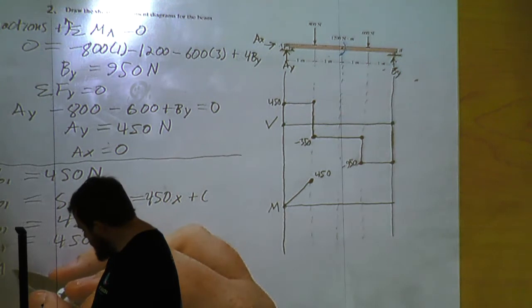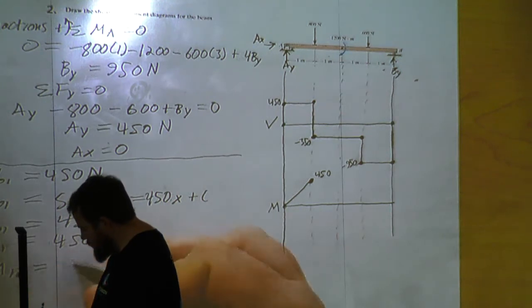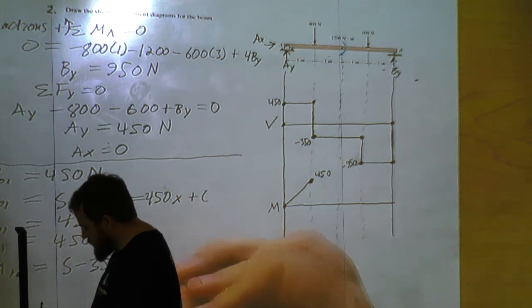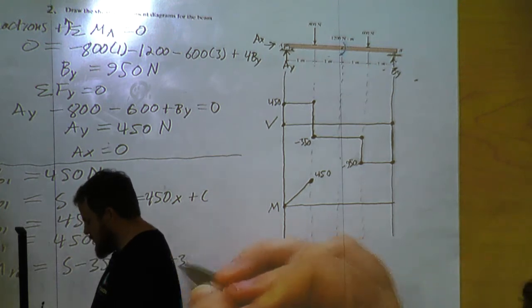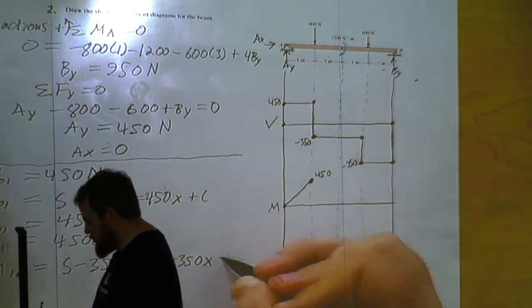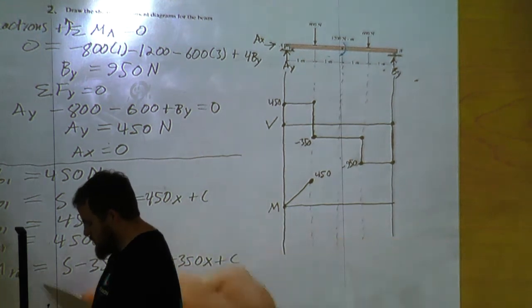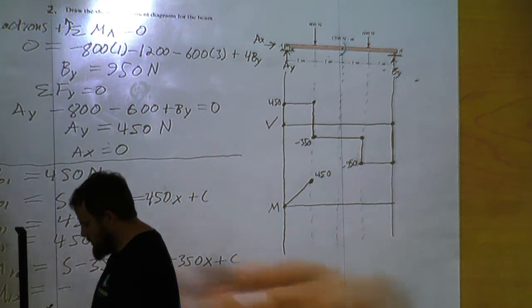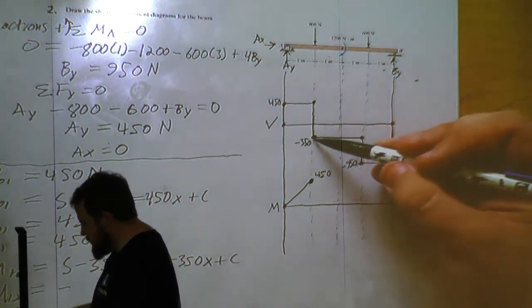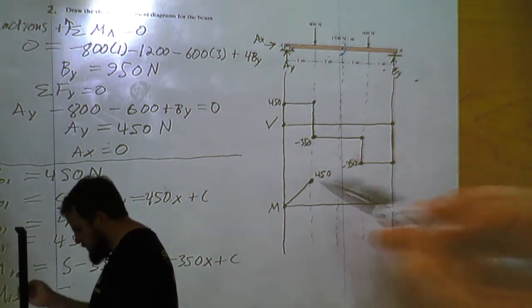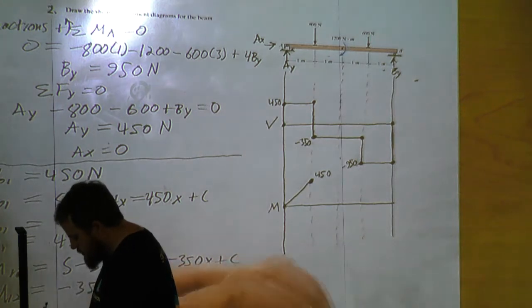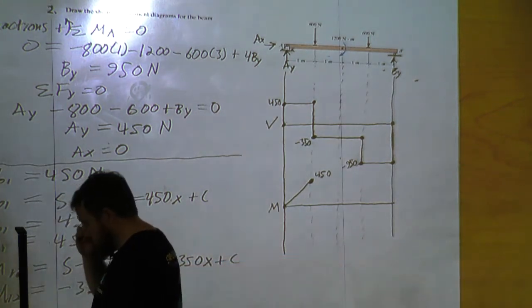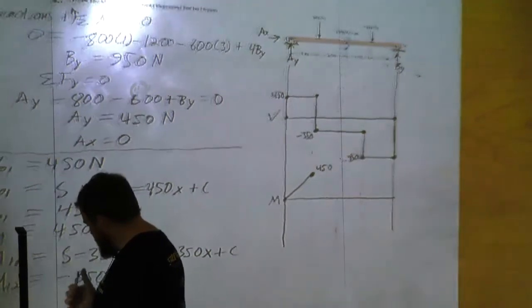So m1 to 2 is just going to be the integral of negative 350 dx, which is negative 350 x plus c. And in this case, our c is going to be 450. My bad. Because that's where we're starting for on this line.